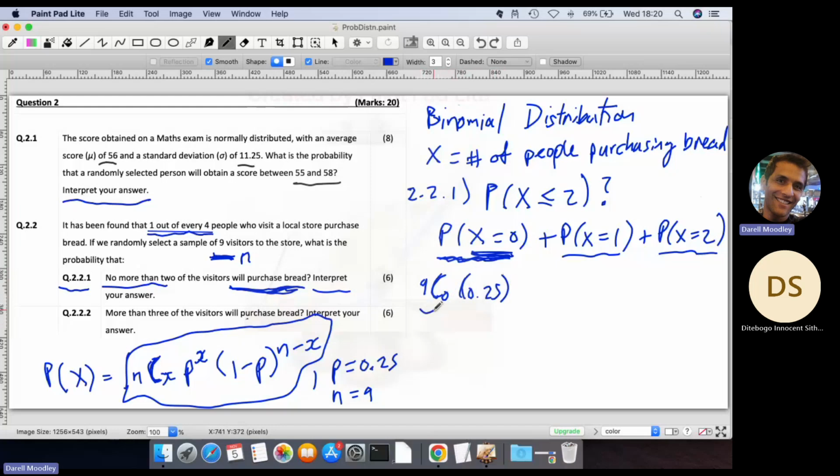Remember it's this whole thing here times what's in brackets. This is p to the power x, which is 0, times 1 minus 0.25 to the n, which is 9, minus 0. That's how you work out the first one. You punch it into your calculator and get a value. If you do that, you'll get a value of 0.075.